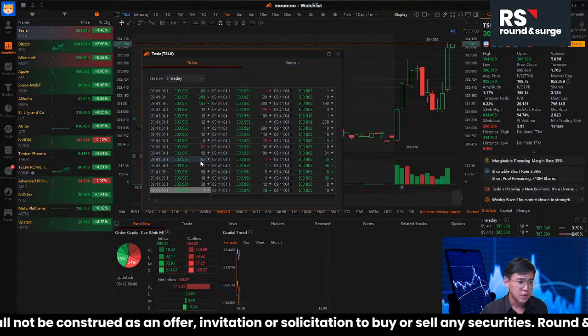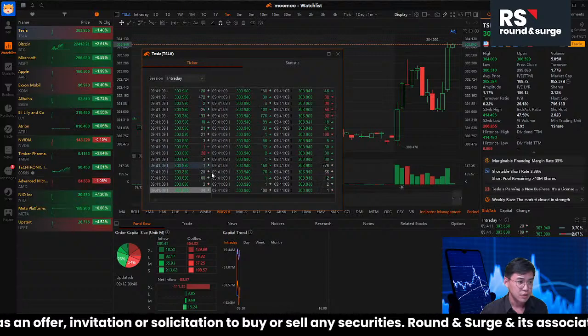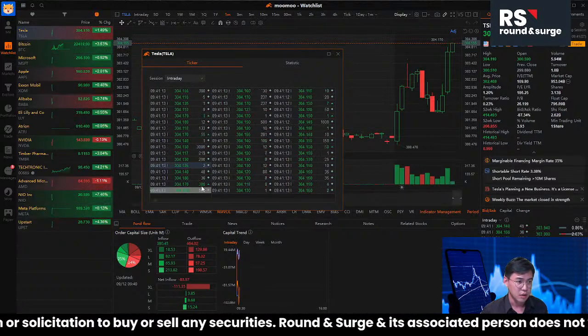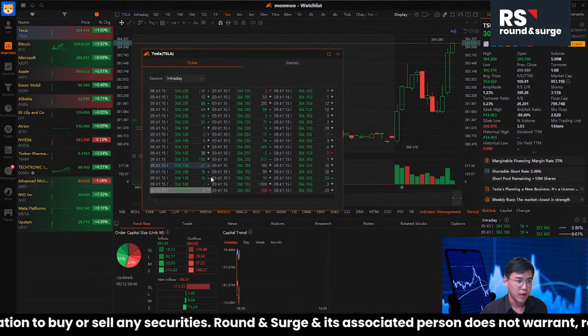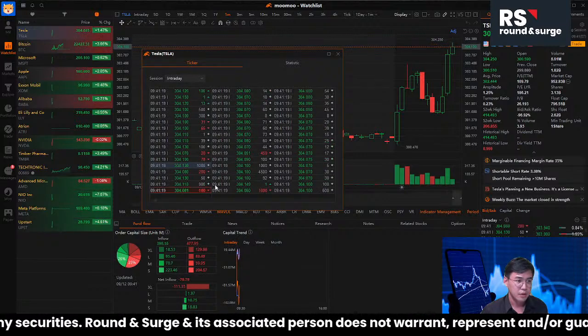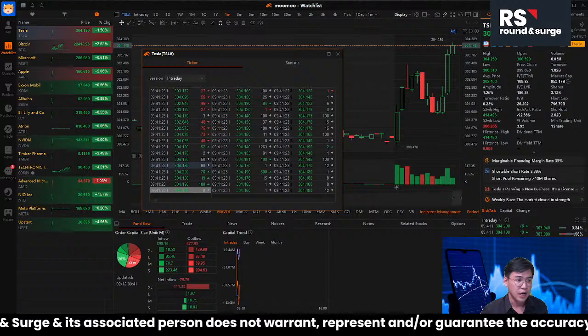So far, we don't see any of the big ones selling here, so I'm just going to continue to hold on to it. A bit of a mix on the sell and buy. So right now there's more buying showing up. Okay, I'm starting to see more sell down actually come in.